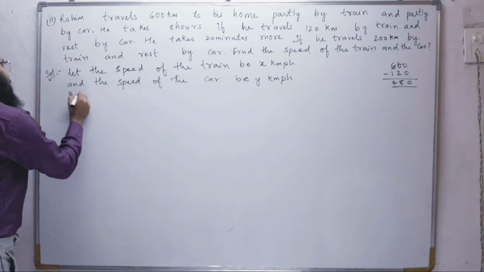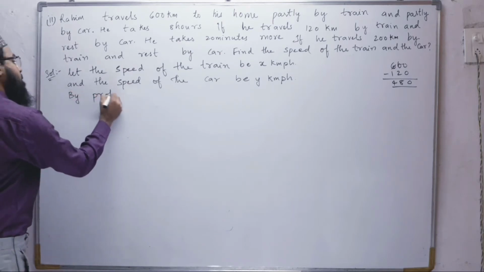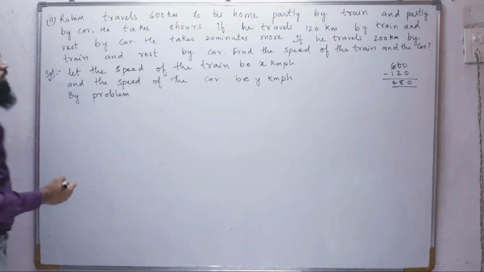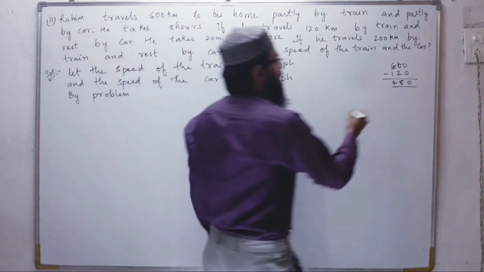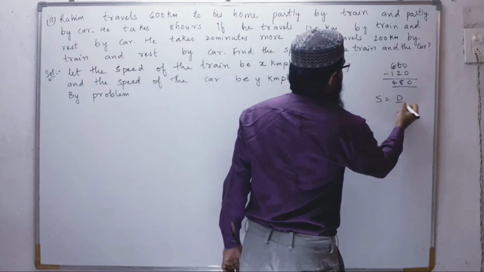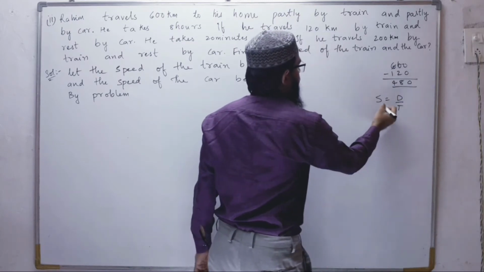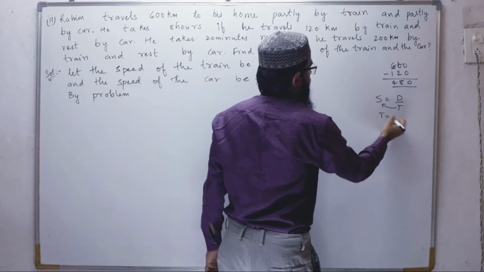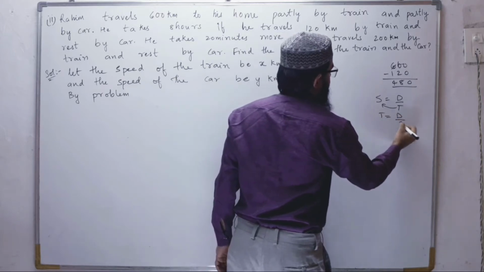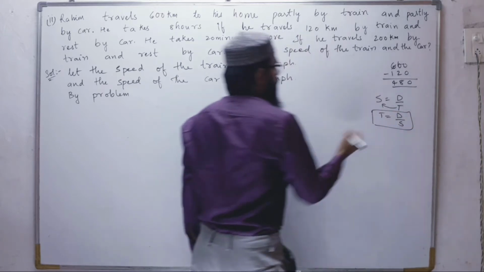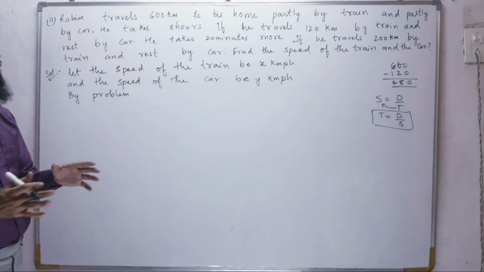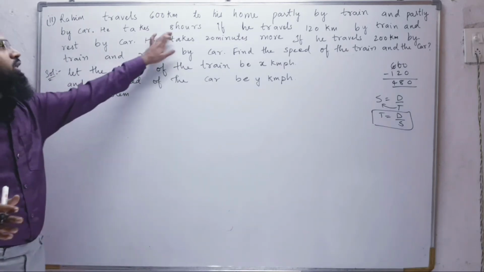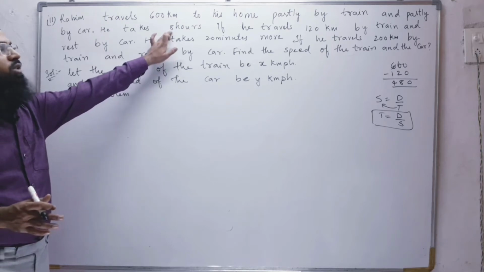So by the problem, we can write speed is equal to distance by time. We know the formula, speed is equal to distance by time. So when we send time to this side, time is equal to distance by speed. This problem is totally dependent on time, like 8 hours.